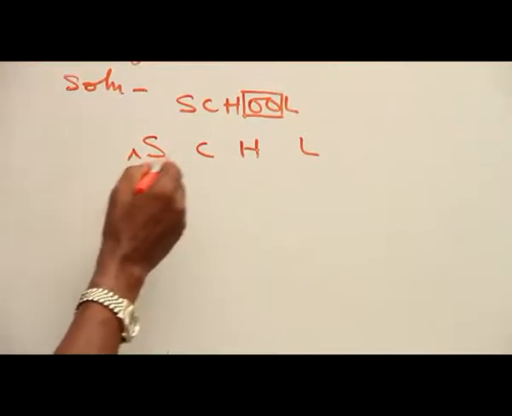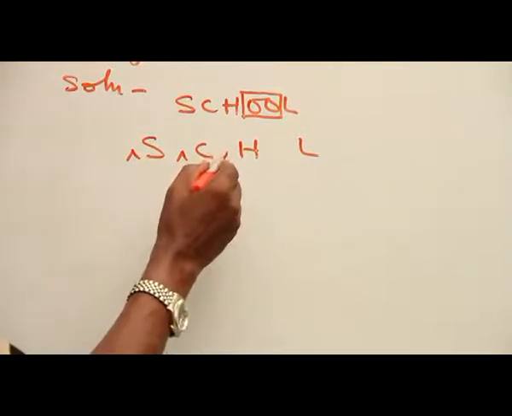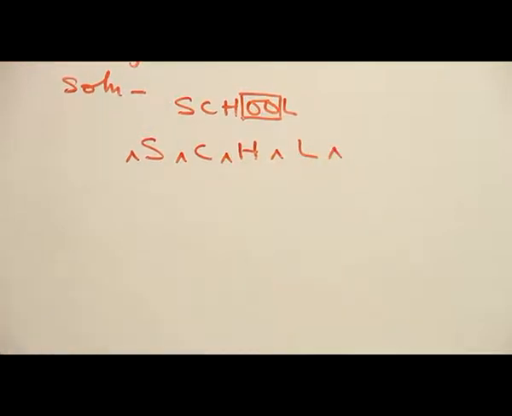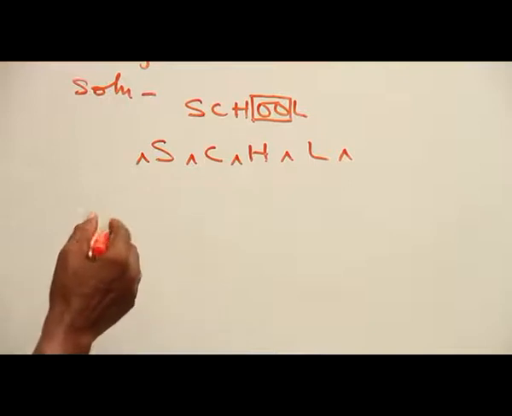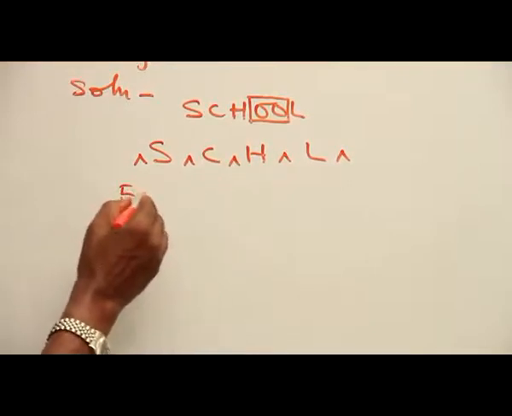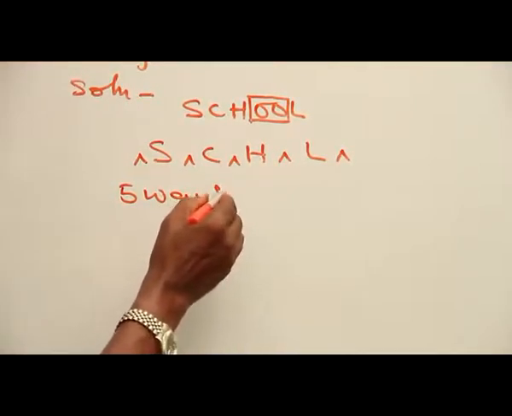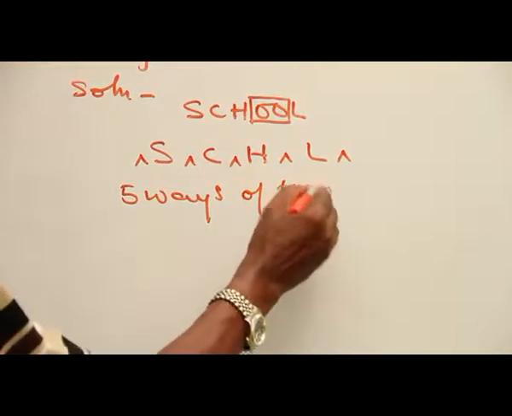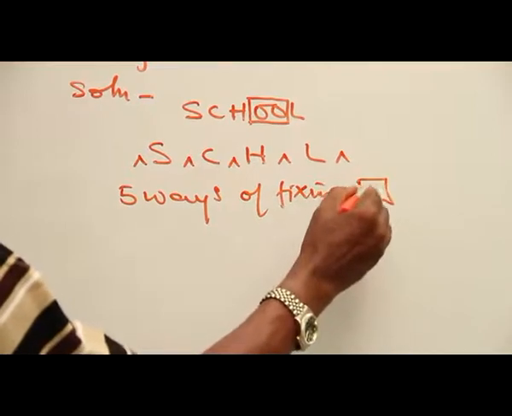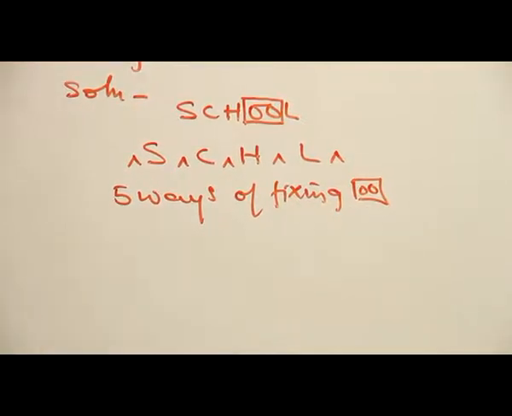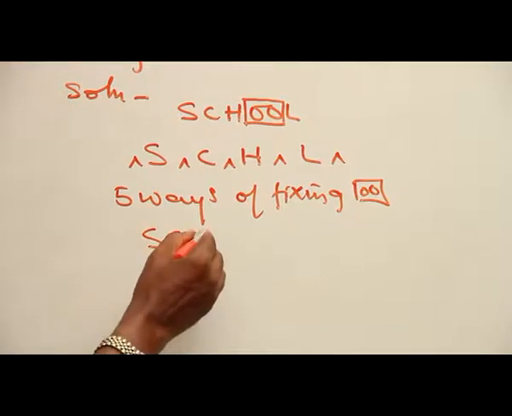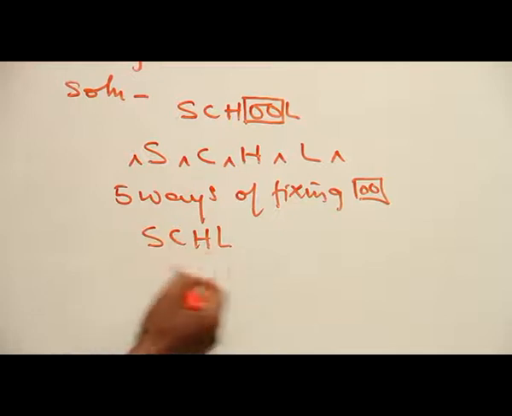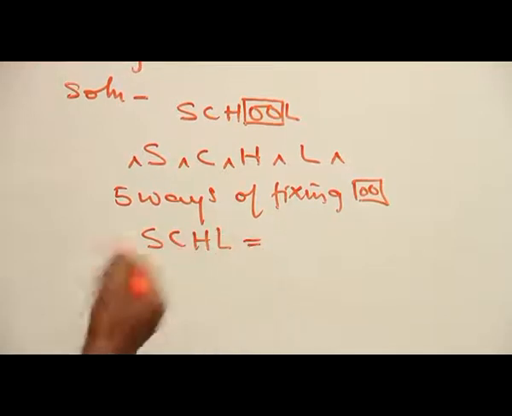We can put it here, here, here, here, we can also put it at the end. So we have 5 ways of fixing these 2 O's. After that, the S, C, H, L can be arranged in how many ways?